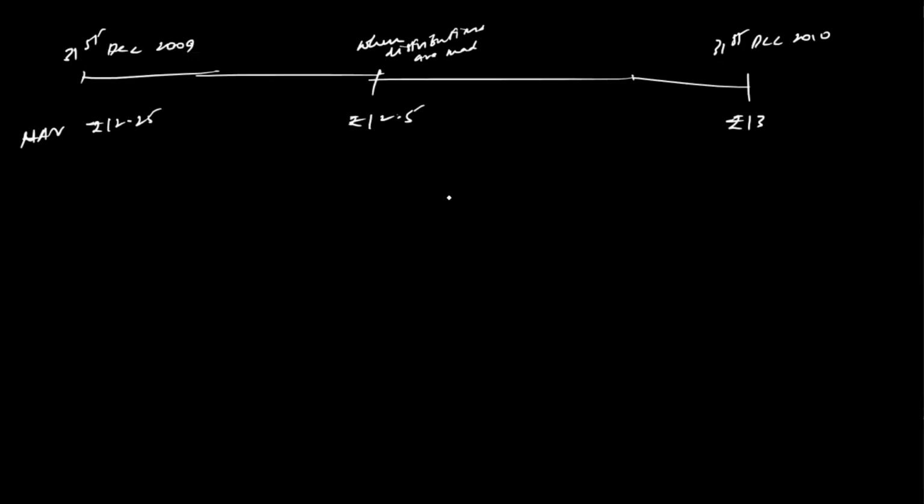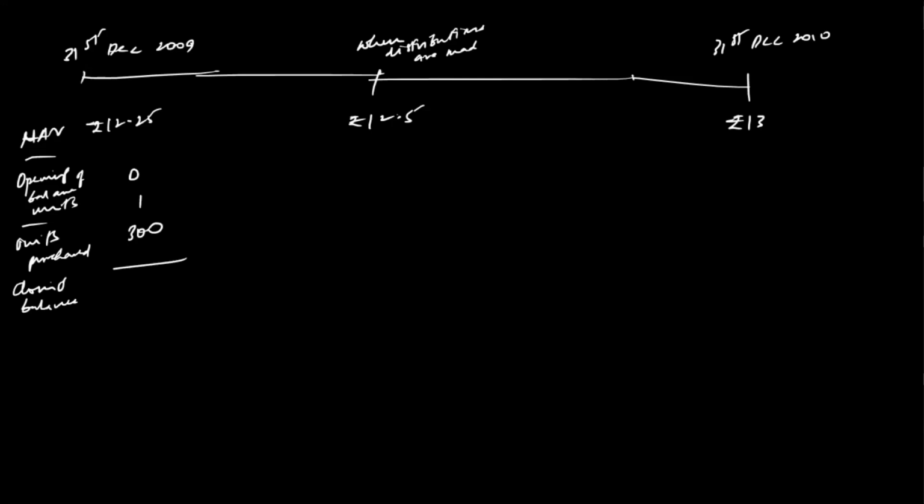So at that point in time, the NAV is 12.5, right? So what is the opening balance of units? Opening balance of units. Okay, it is 0, right? And units purchased. It is 300 here, right? So what is the closing balance at this stage? It is 0 plus 300, that is 300, right?